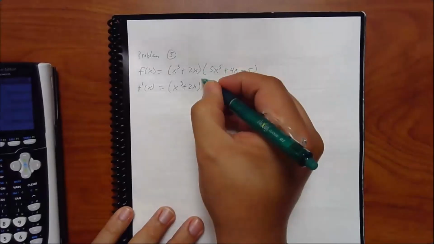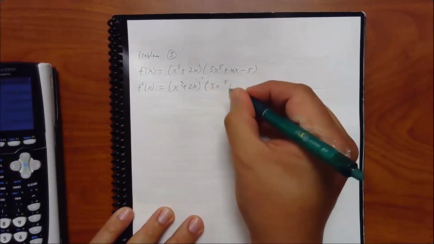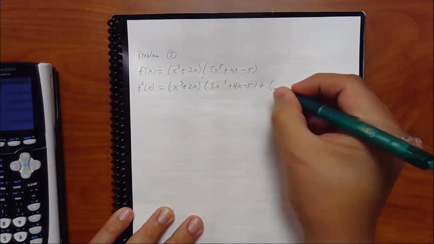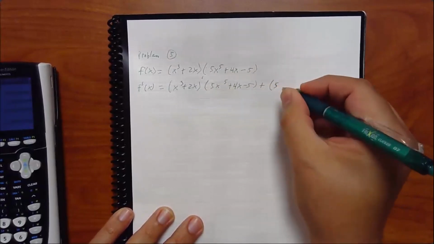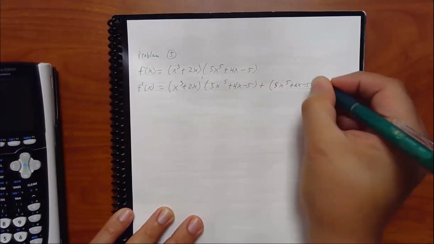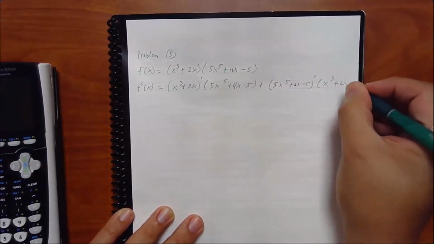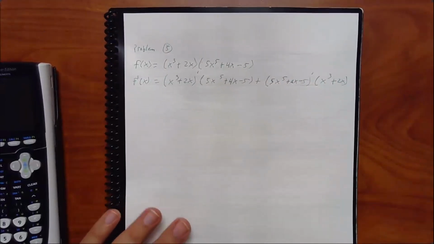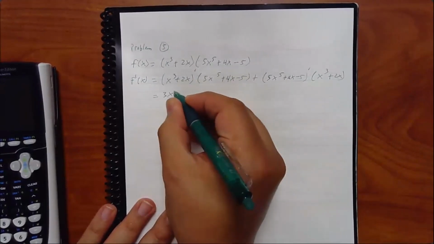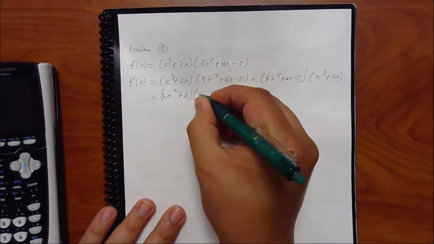All right, so derivative of this guy times the second minus 5 plus the second part derivative times the first part. So this derivative will be, it's the power rule, right? Times this guy.